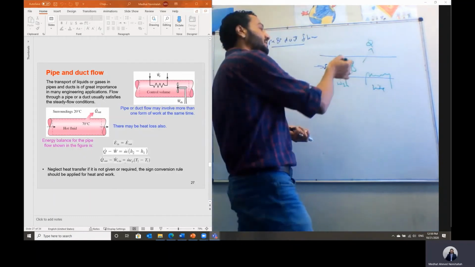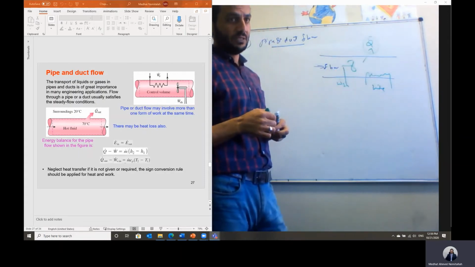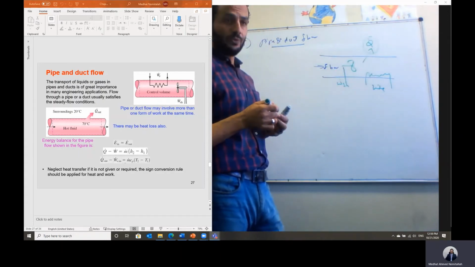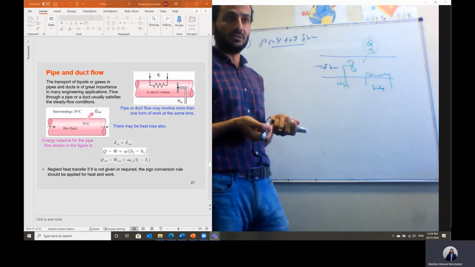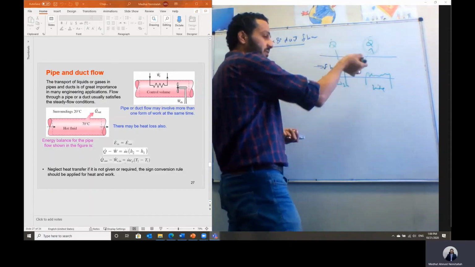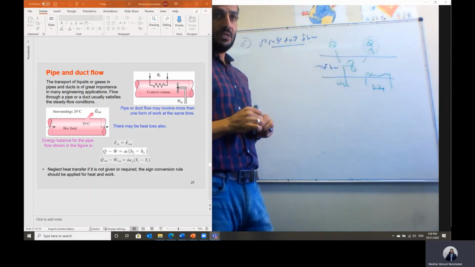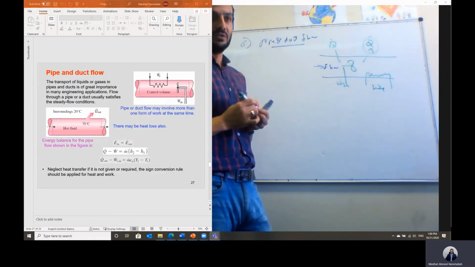So we may have a heat loss to the environment. Or if we are transporting cold fluid, like cold air in an air conditioning system, usually we have air inside, so heat may be transferred into the system. So this is a general flow in pipe or duct.